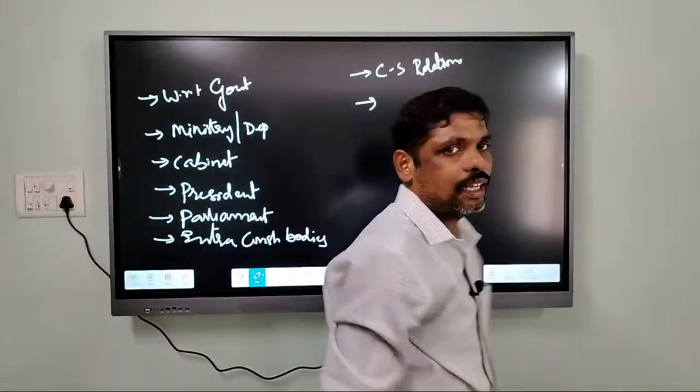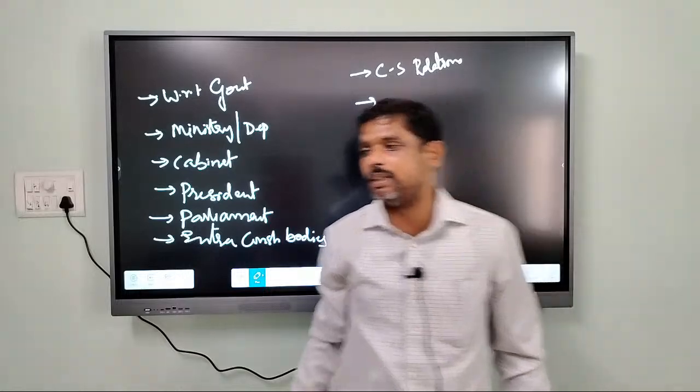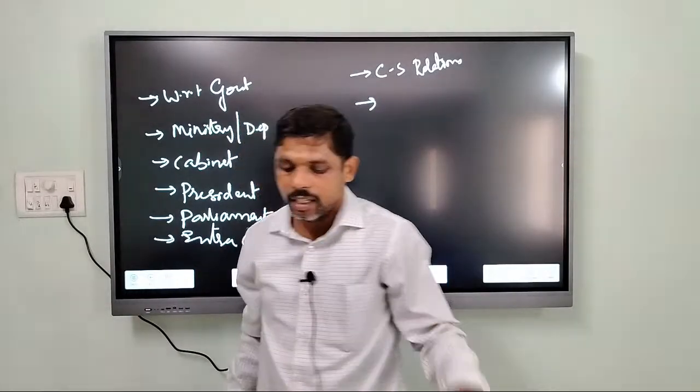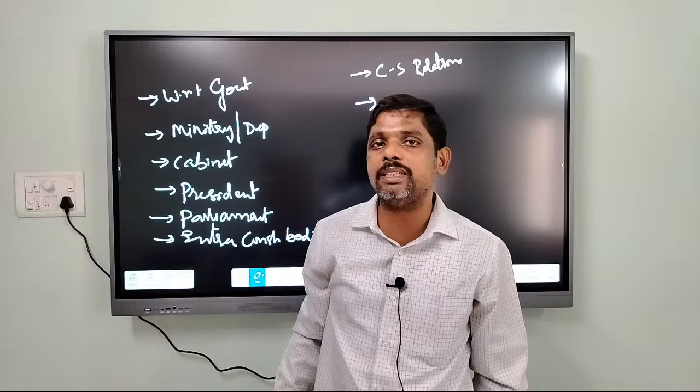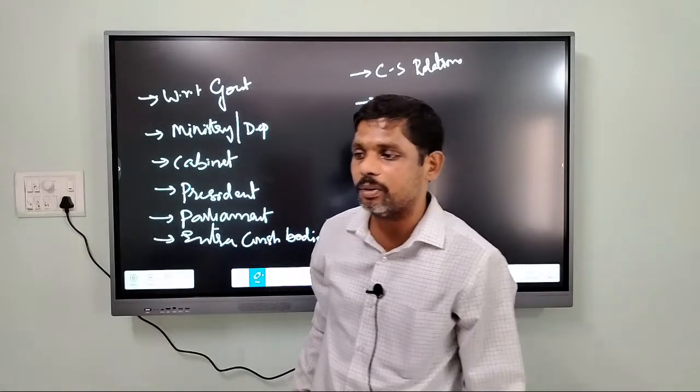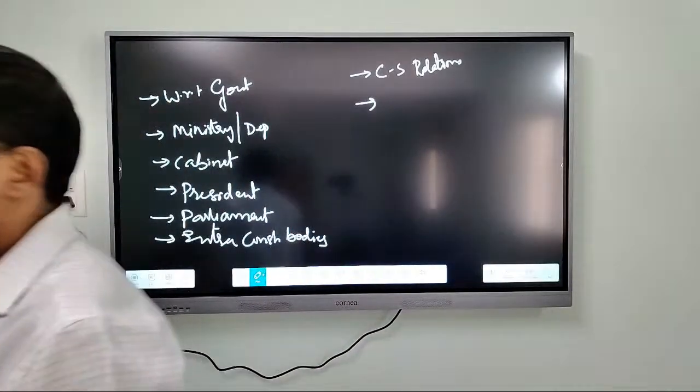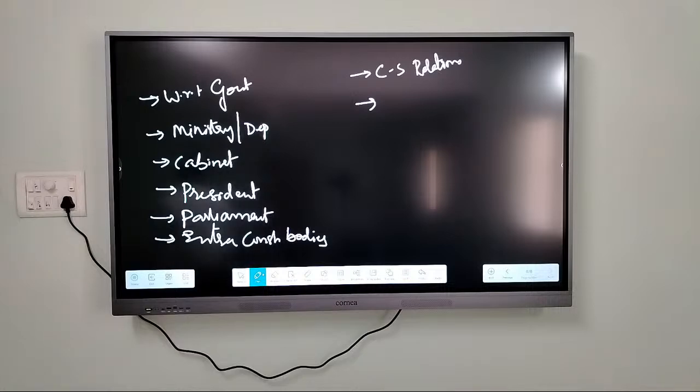And if you take the present contemporary world, don't we see a dominant role played by the Prime Minister in the international scenario? Can we say that in the last 10 years, the role change that can be seen in the Prime Minister's office is the dominant role played by the Prime Minister at the international level in global affairs?